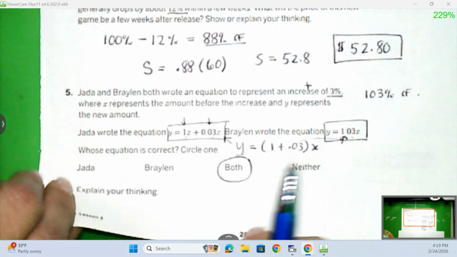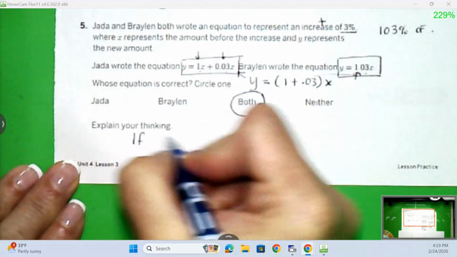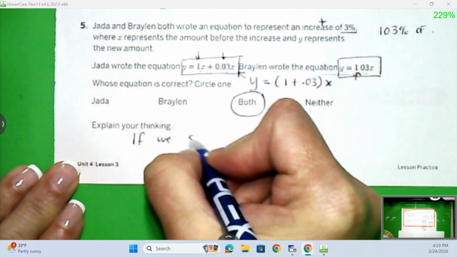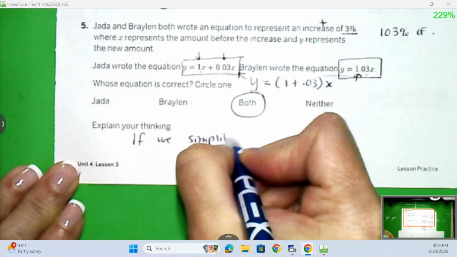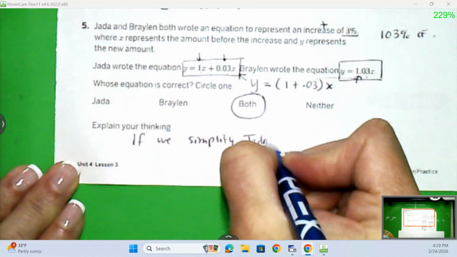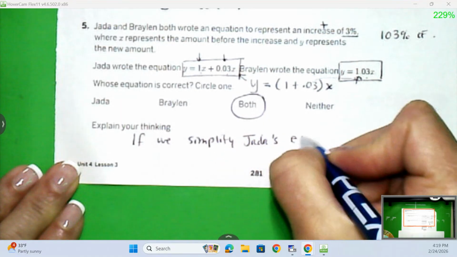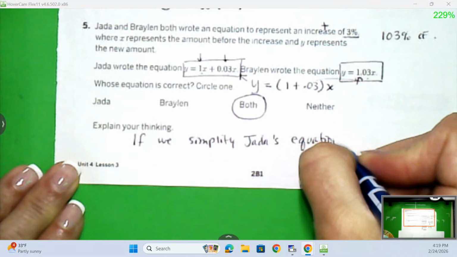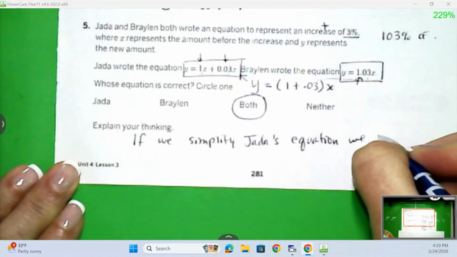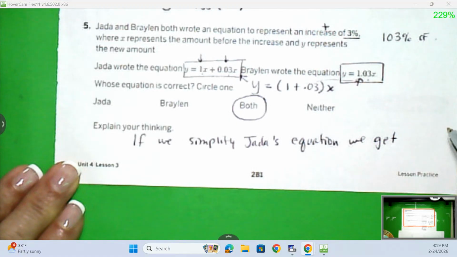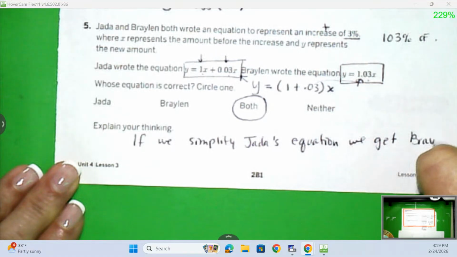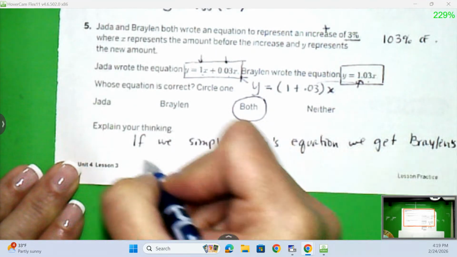Okay, so explaining our thinking, if we simplify Jada's equation, we get Braylon's equation.